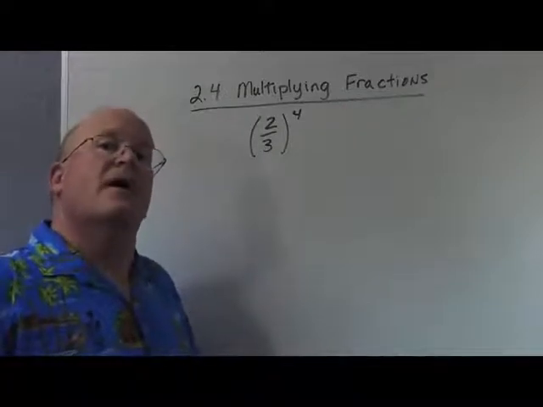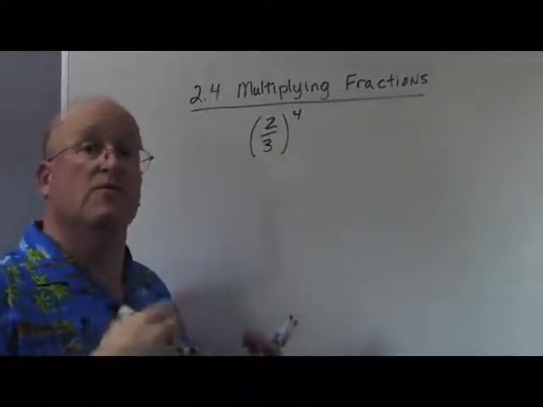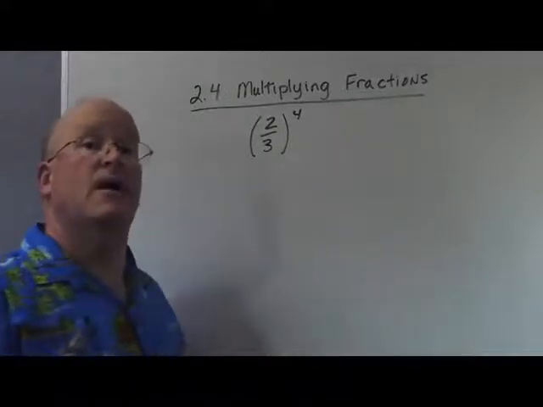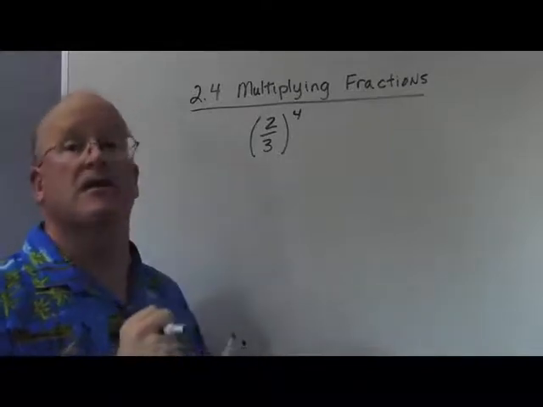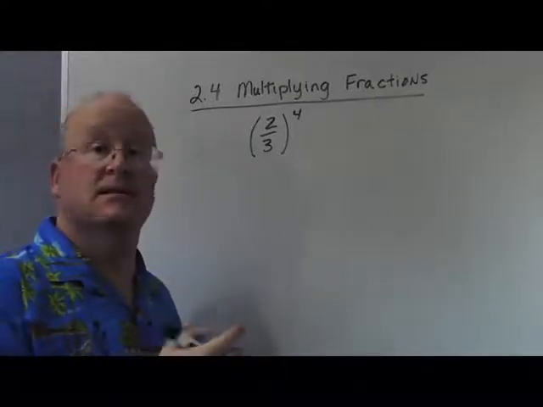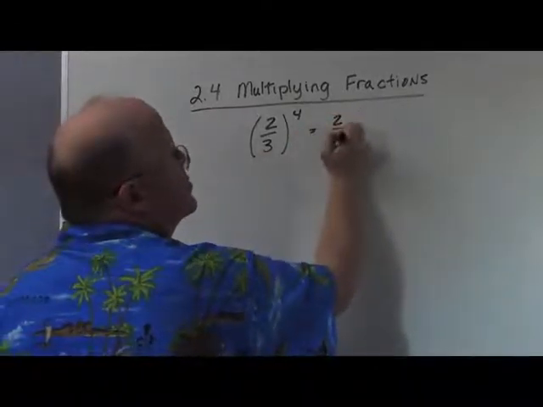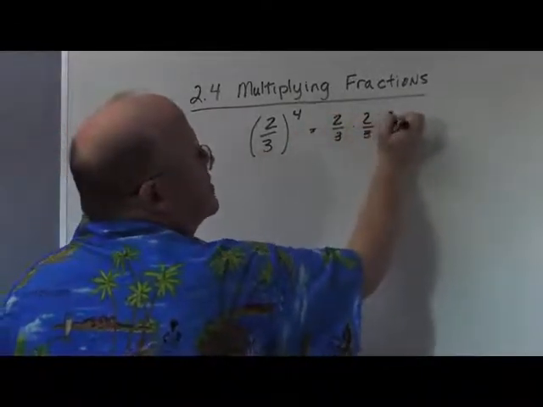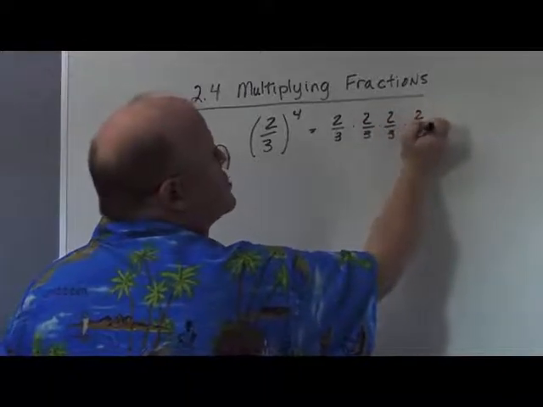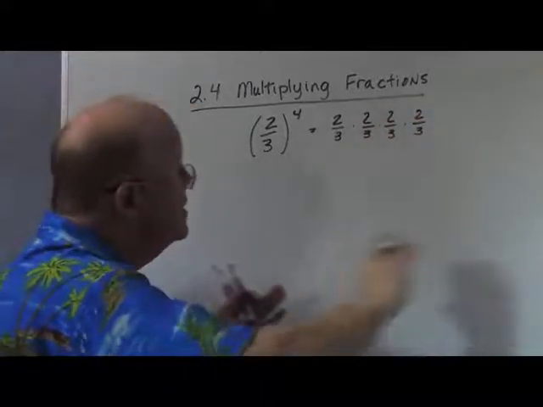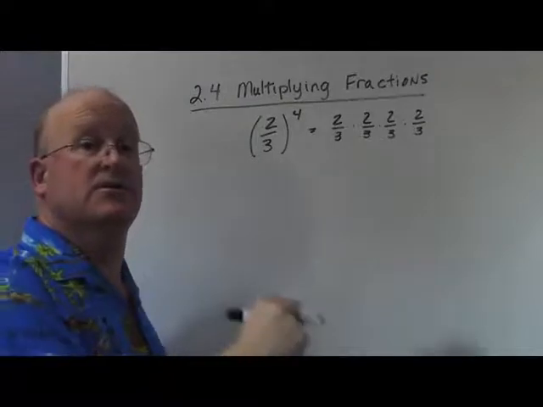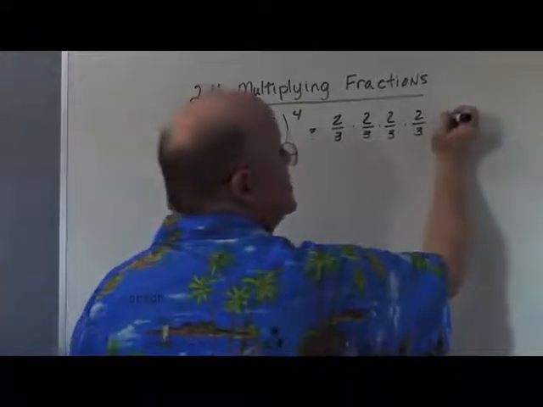Now let's look at a fraction raised to a power. Remember how when you're raising something to a power, that exponent is telling you how many times the base is multiplied by itself. So in this case, we can either write this as 2/3 times 2/3 times 2/3 times 2/3 if we want, and multiply across the numerators. 2 times 2 times 2 times 2 is 16.